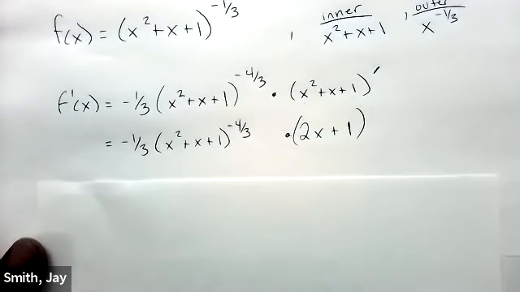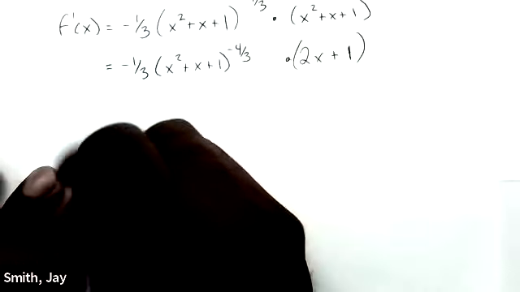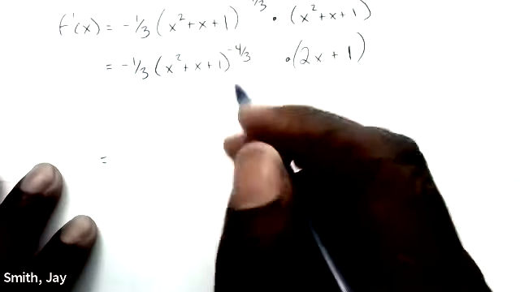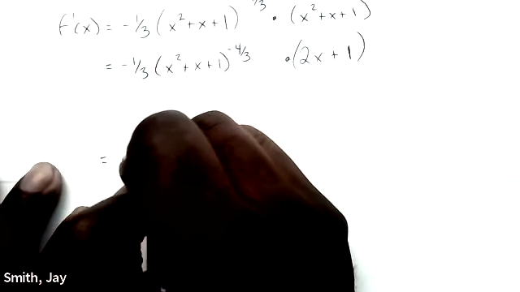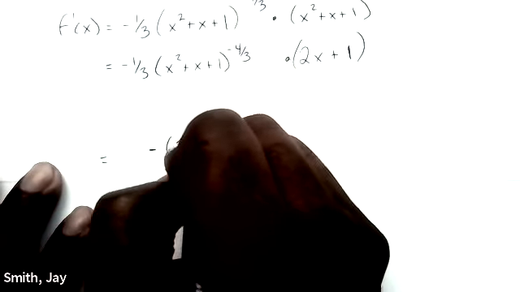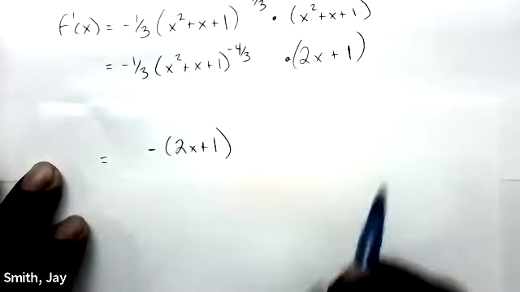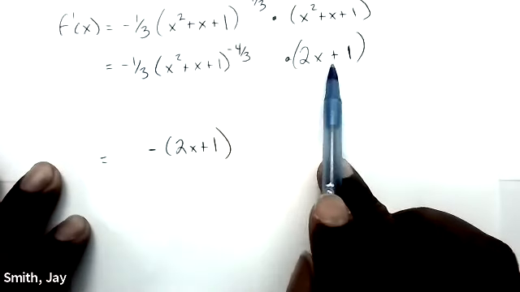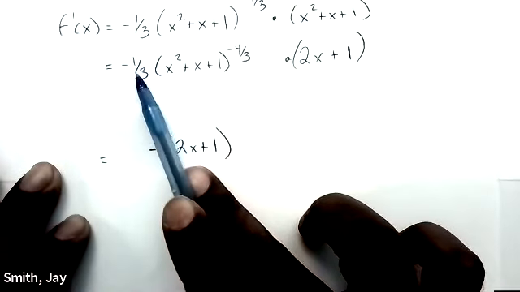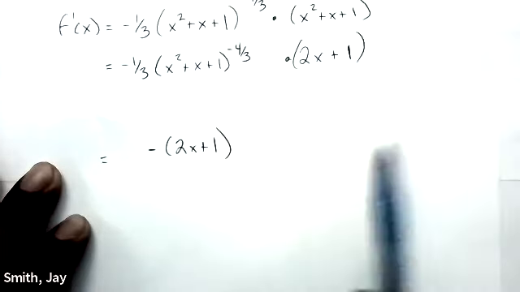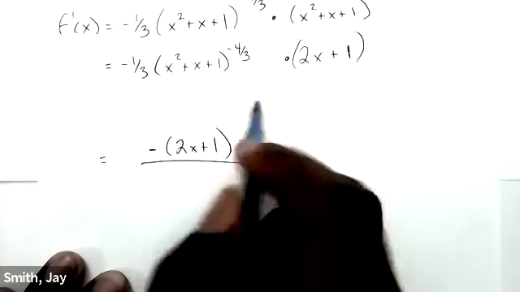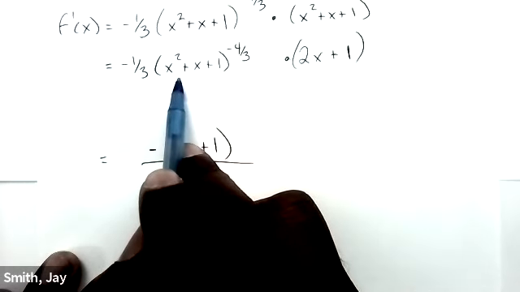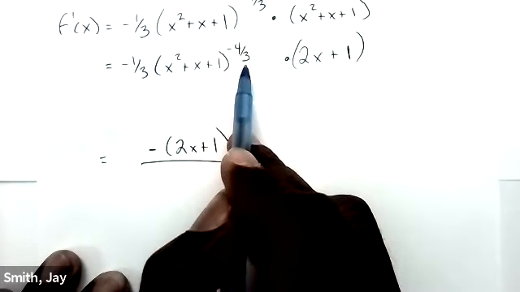So our final answer here ends up being negative 2x plus 1, taking our factors negative 1/3 and 2x plus 1, which gives me the numerator negative 2x plus 1. And this is going to be divided by x squared plus x plus 1 to the negative 4/3 power.